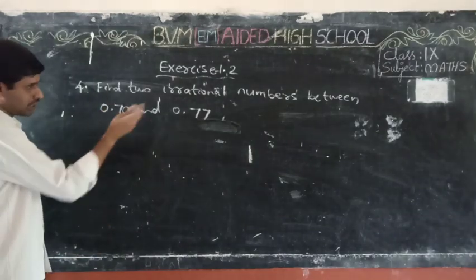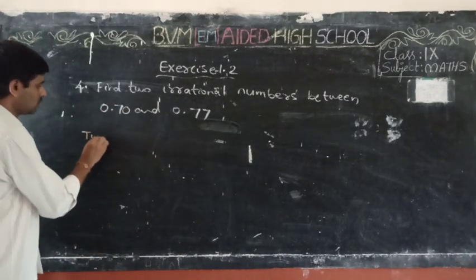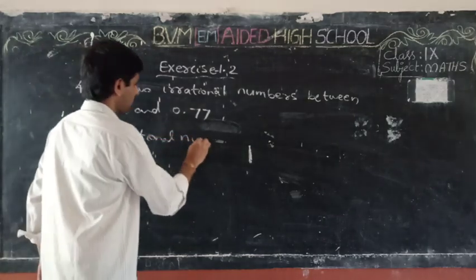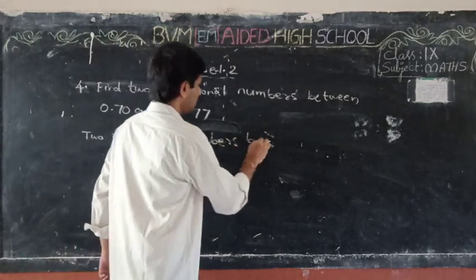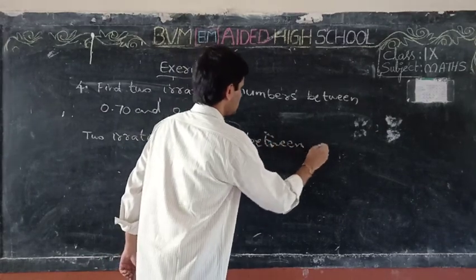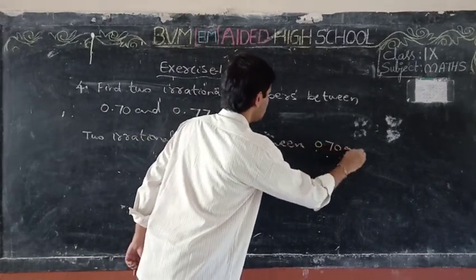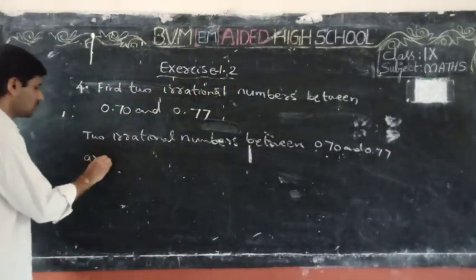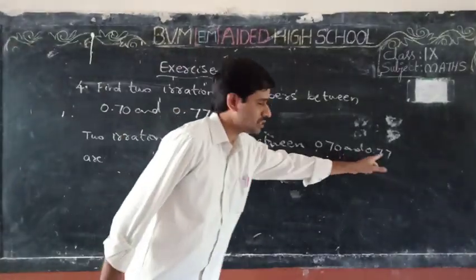So let us write two irrational numbers between 0.70 and 0.77. Here look at this, 70, 77.